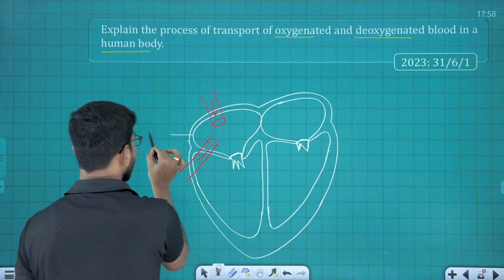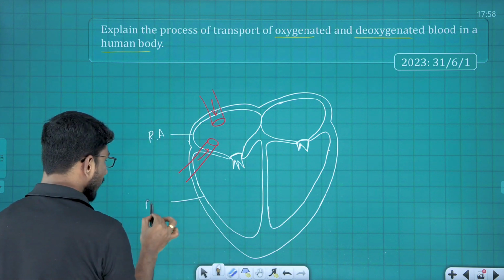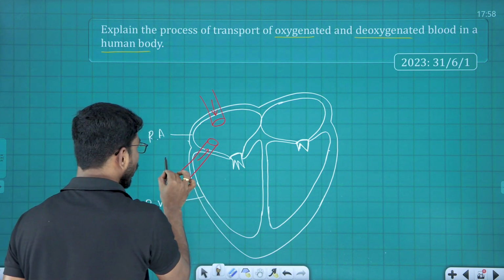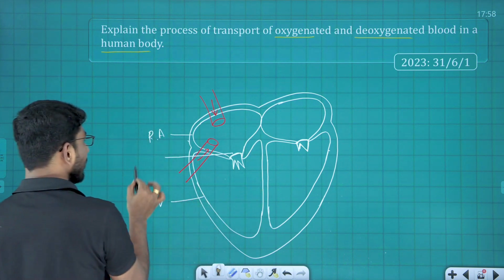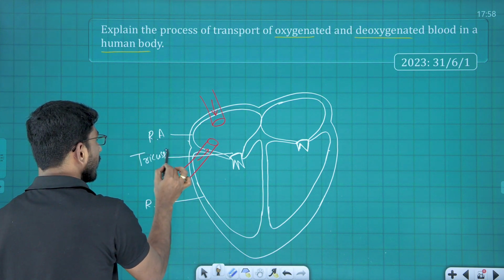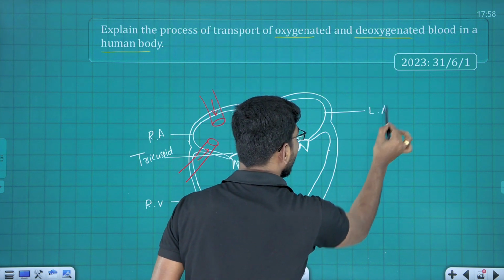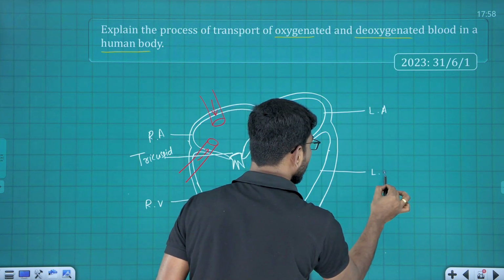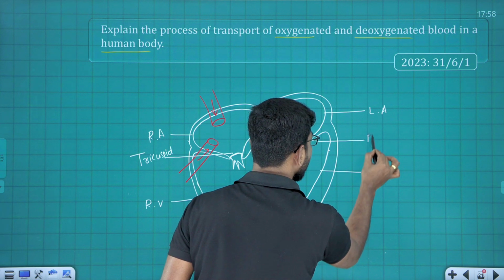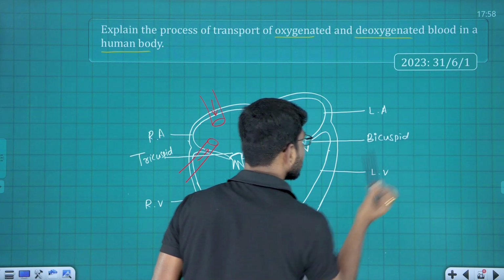This one is the right auricle. What is this one? Right ventricle. What about this valve? This valve is called what? Tell me. Tricuspid valve. What is this? Left auricle, left ventricle, and this is the bicuspid valve. Am I clear? Bicuspid valve.